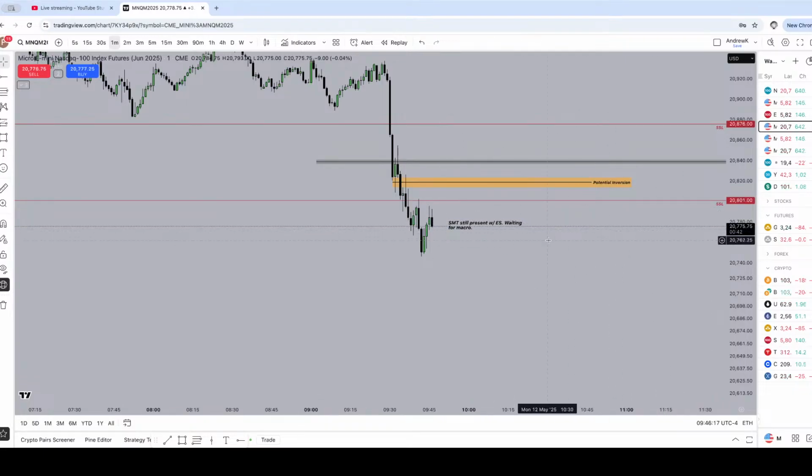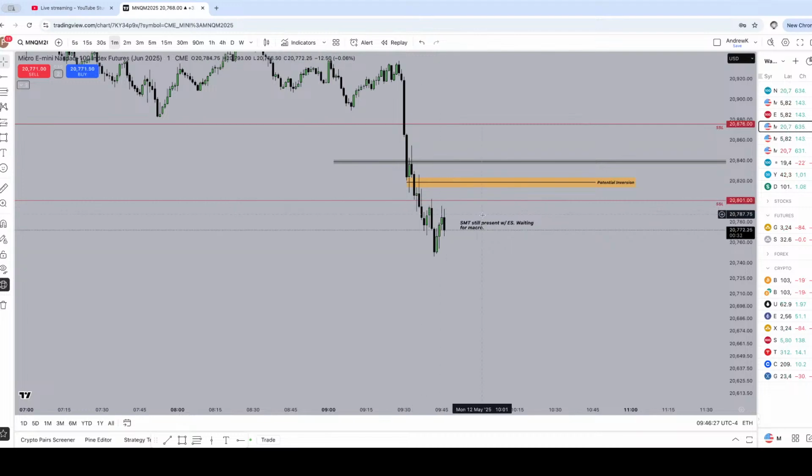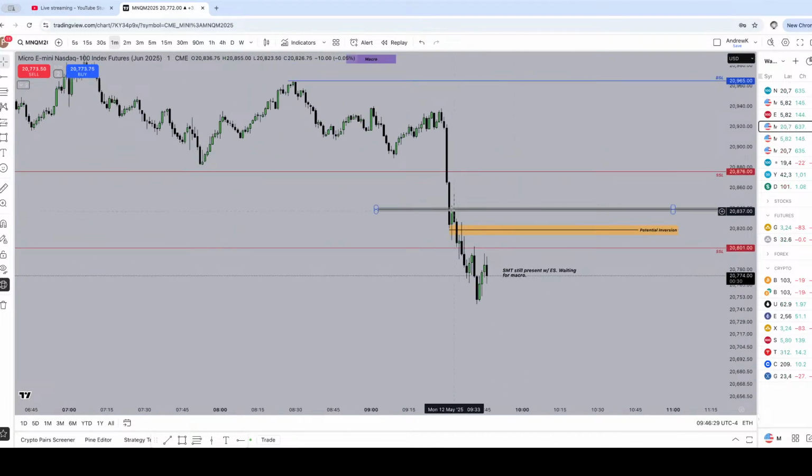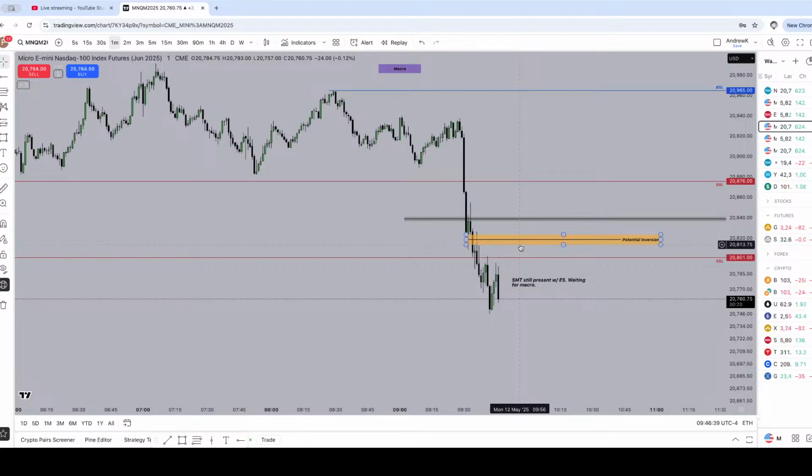So this, I mean, you could have entered here for a short, close below the inefficiency here, lower. It's not what I did. I'm noticing that I'm entering a little early to chase, not chase, but get into positions that I know.